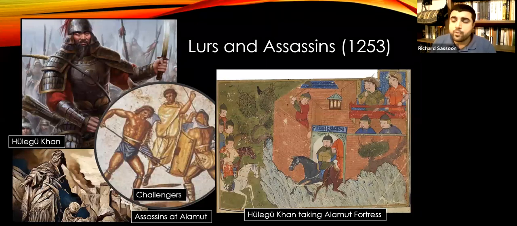The Old Man of the Mountain did not receive clemency, but the people did. And so you didn't have the same degree of massacres when the Ismaili fortresses were taken. But it meant that Hülegü now was in complete control of Iran, and all resistance to his authority had now been quashed.